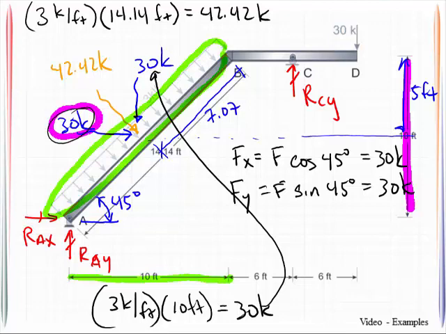Okay, once we've got the free body diagram sketched, we are ready to use equilibrium. So the first thing I'm going to do is solve for the reaction CY, and I'm going to do that by summing moments about point A. And so I've given a little sign convention here where I said counterclockwise I will consider to be positive.